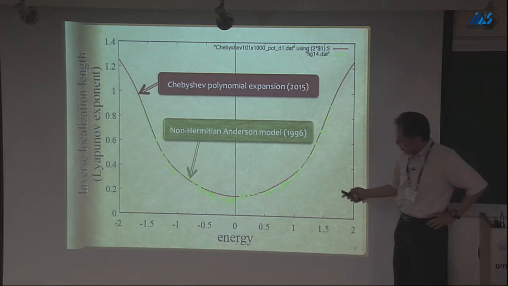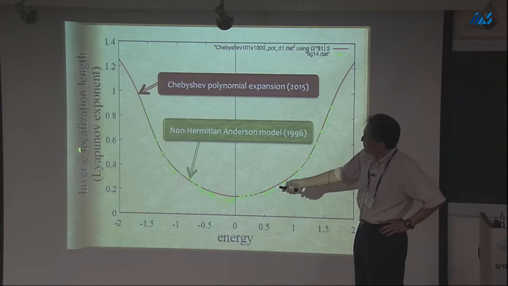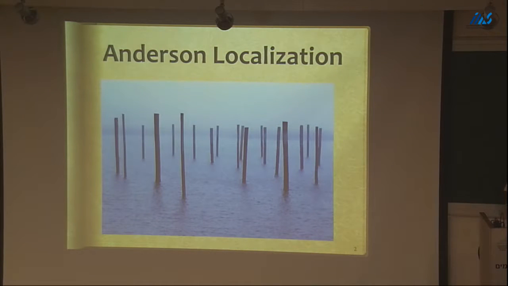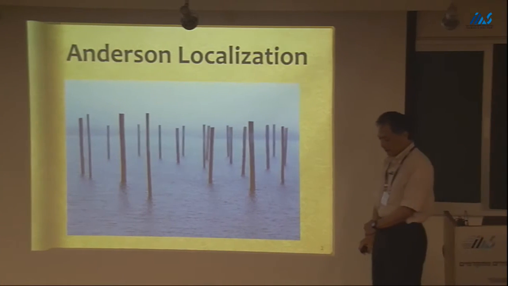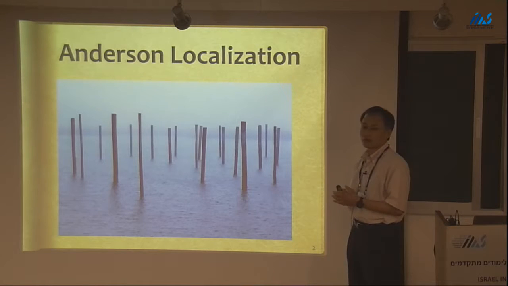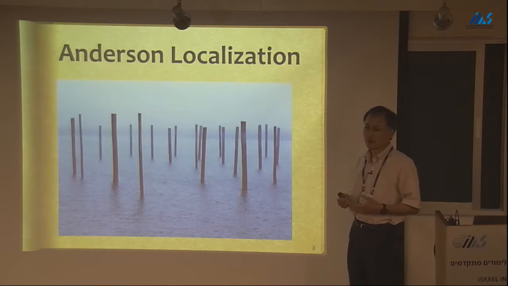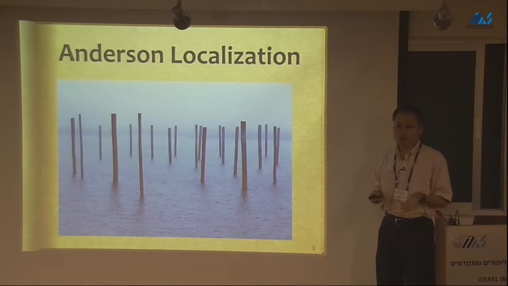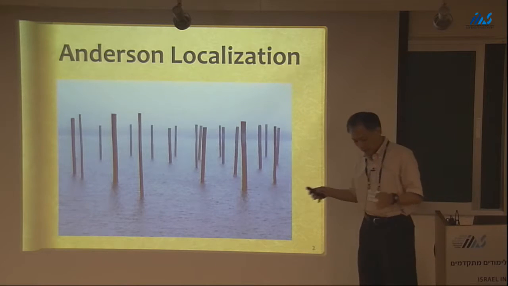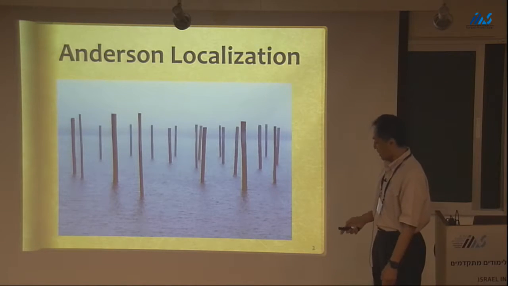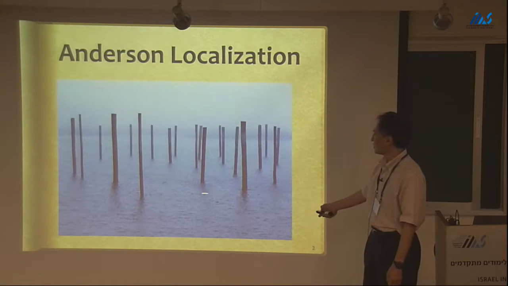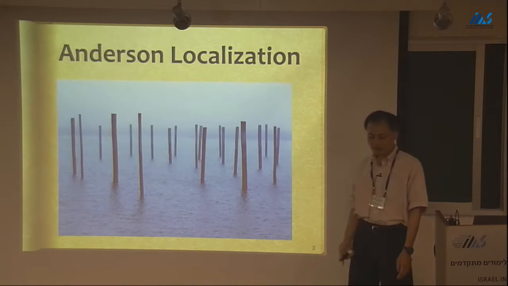Okay, so now I'm going to talk about this inverse localization length. It's all about Anderson localization. The concept of Anderson localization was first developed by Phil Anderson. It's originally for quantum mechanics, but it's about all wave expansion. So suppose you have some kind of wave media, and you have many impurities like this.